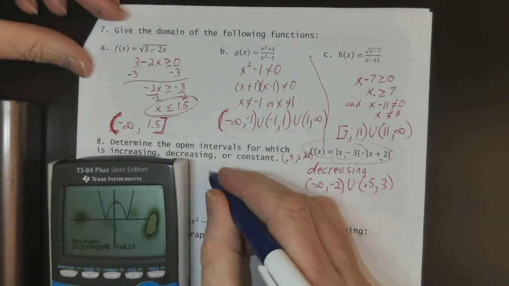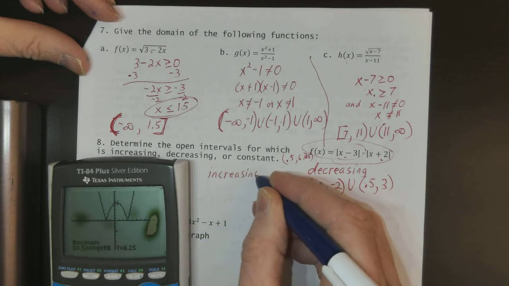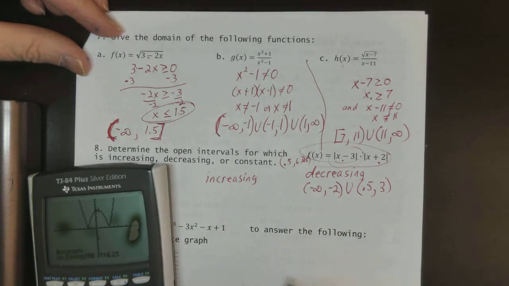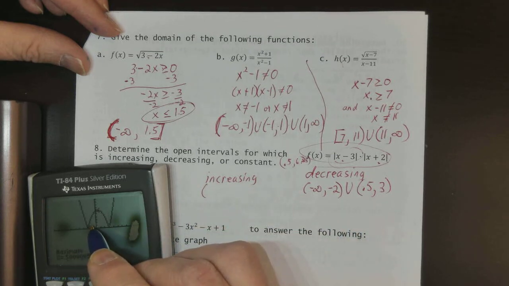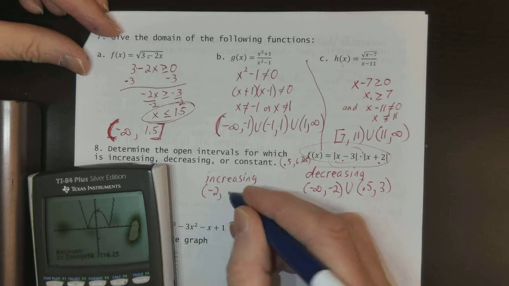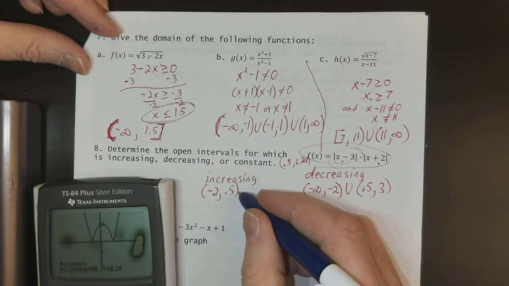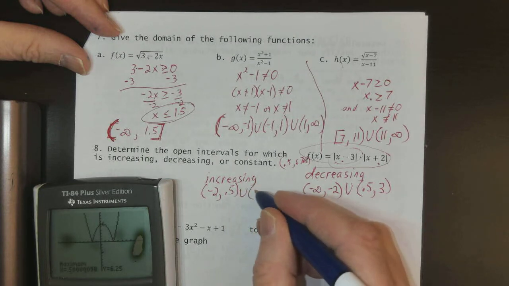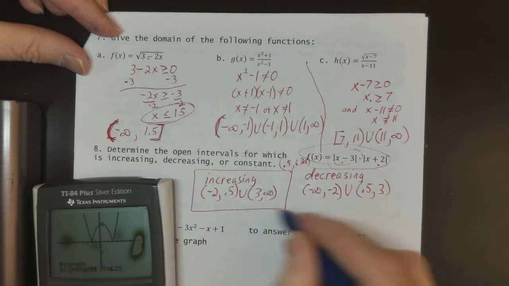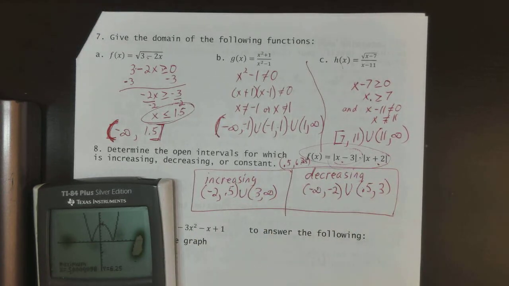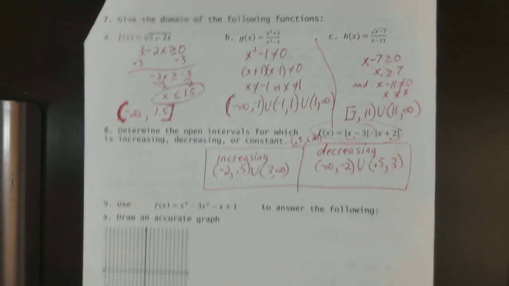The increasing intervals, we've got enough information here, are negative 2 to 0.5, and 3 to infinity. Okay, just using the graphs for that.